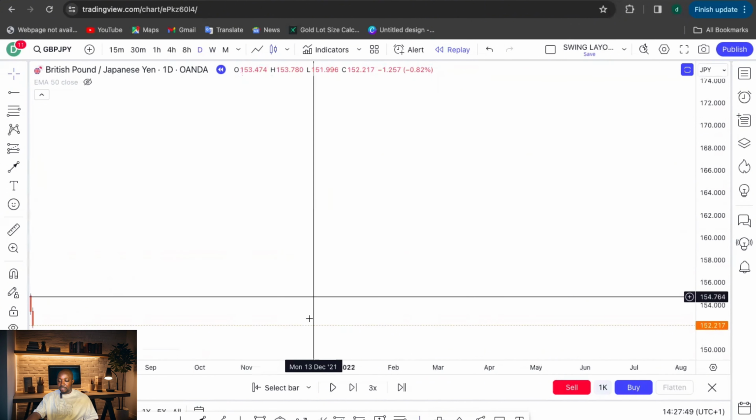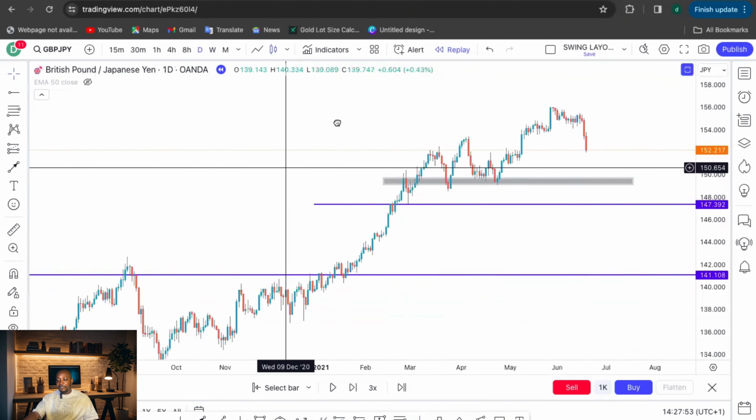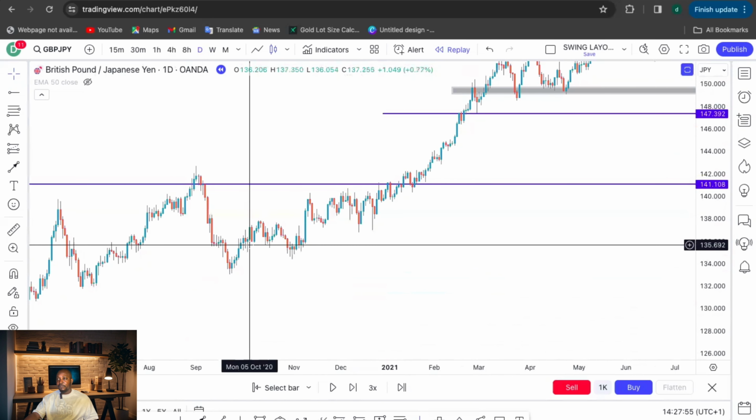When the market is in trend, and if you notice everything I've been talking about here, I told you we have trending markets and a consolidating or a ranging market. I only pay attention to the trending markets. I only ever take markets that are in trend.